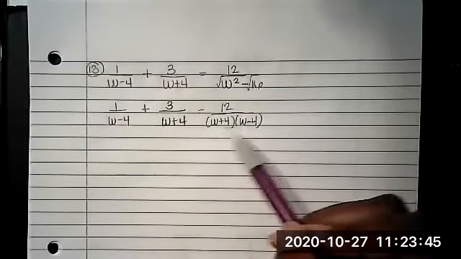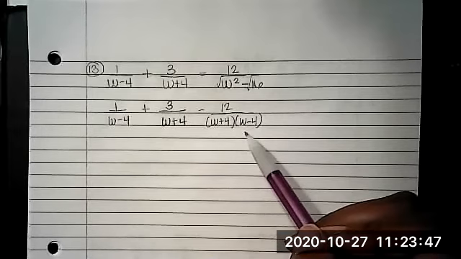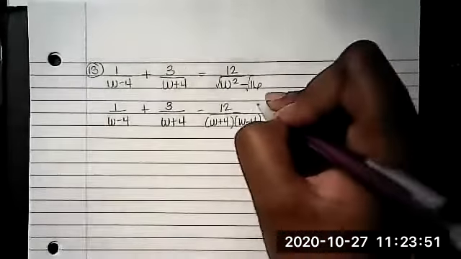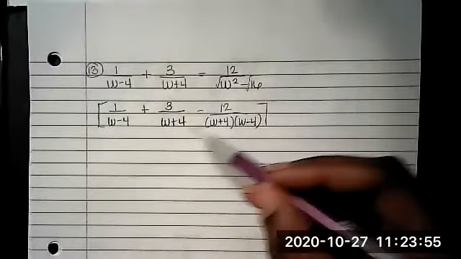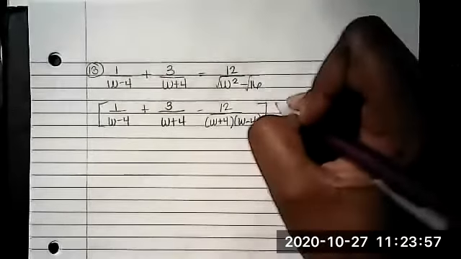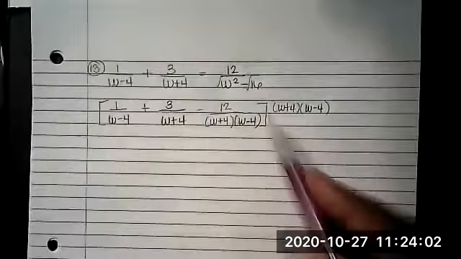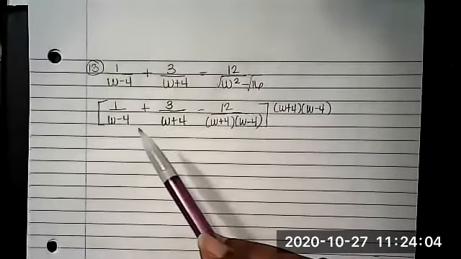It's a square root, and then one positive, one negative. Okay. So as you see there, the common denominator here, when I have to multiply everything by the common denominator, would be W plus 4, W minus 4.